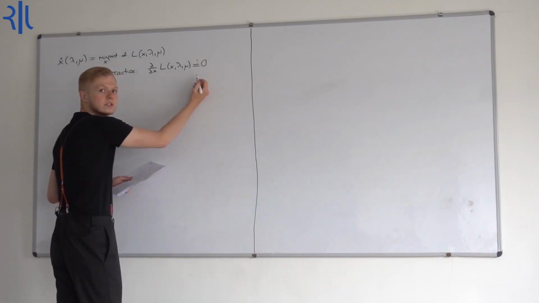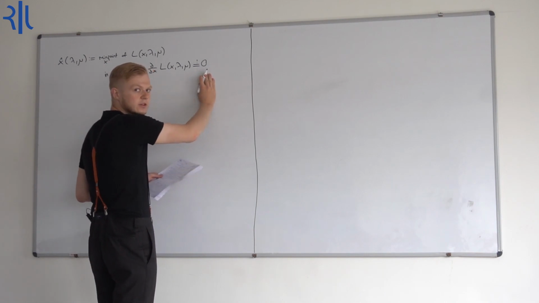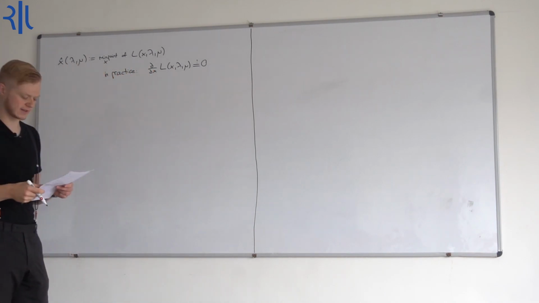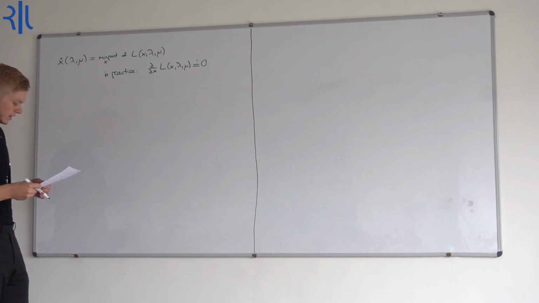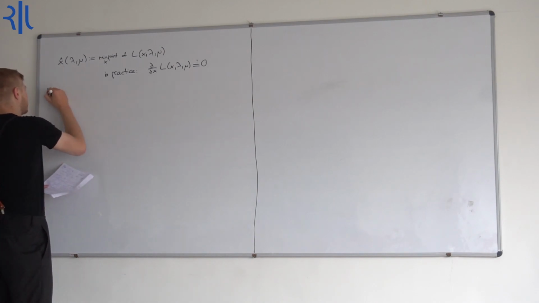So you desire it to be 0, and from this equation you derive an expression for x hat. With that, now we can define the dual Lagrangian function.